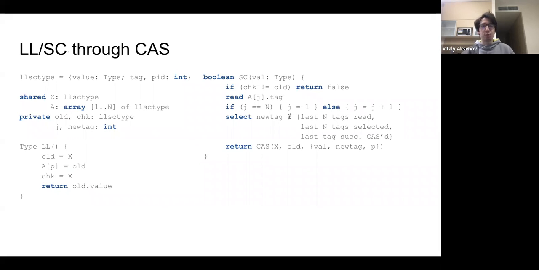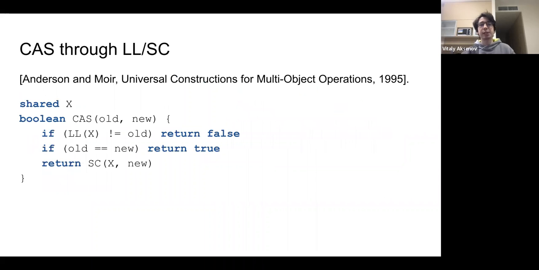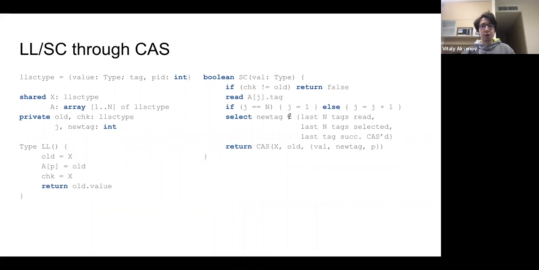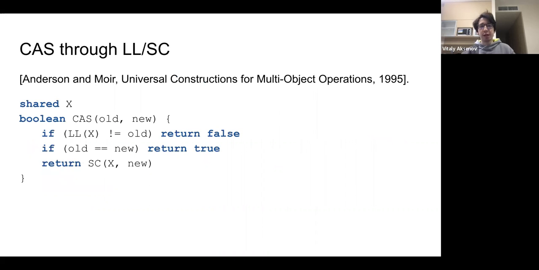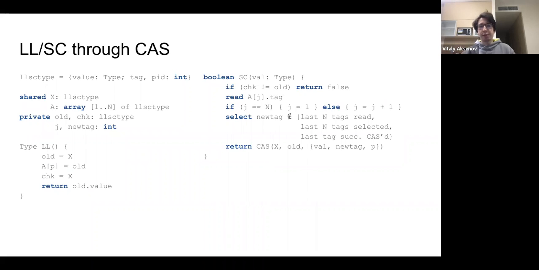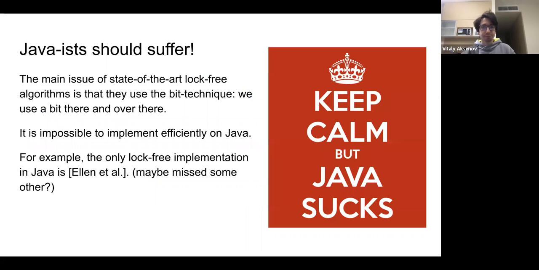But it has much more memory overhead per processor than this simple LLSC. For example, CAS through LLSC has one additional memory word, while LLSC through CAS has additional memory per process. The good question is, for example, how can we implement LLSC through CAS with constant memory consumption?